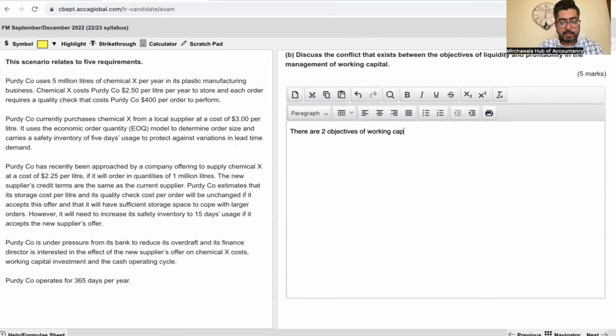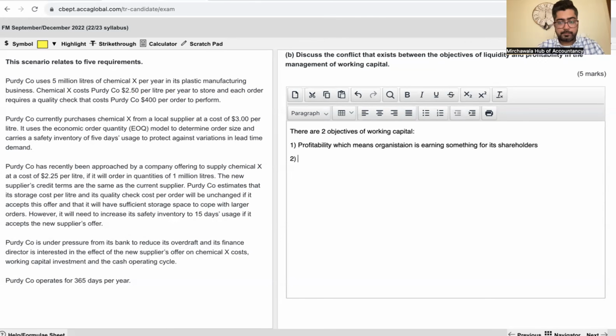There are two objectives of working capital. Number one, profitability, which means the organization is earning something for its shareholders.